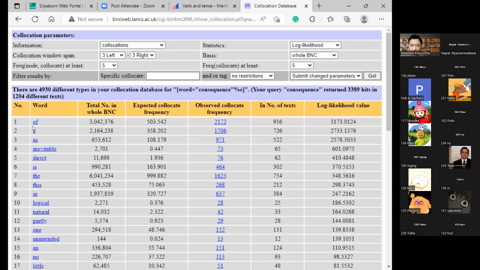So this word occurs with consequence more than what would be expected in a normal way. Here we see words like of, a, as, something like this. But normally, people tend to look 4 to the left, 4 to the right.